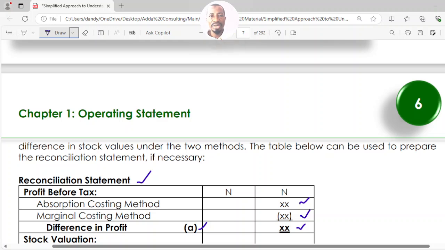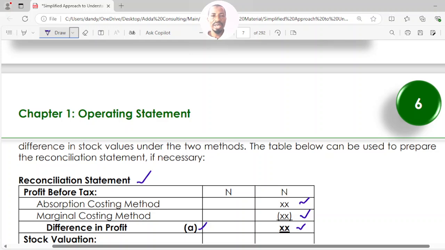I also provided you with the key points to take into consideration when preparing income statements using marginal and absorption costing. We have discussed overhead absorption costing, where we talk about over absorption and under absorption. I also demonstrated how to calculate closing stock.